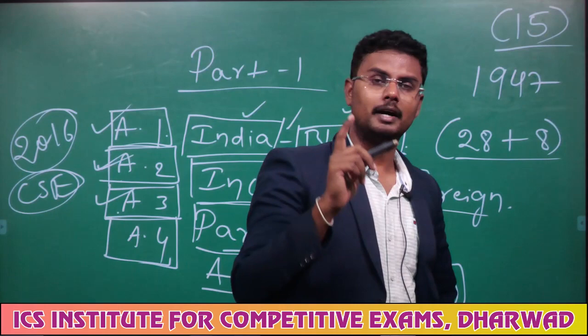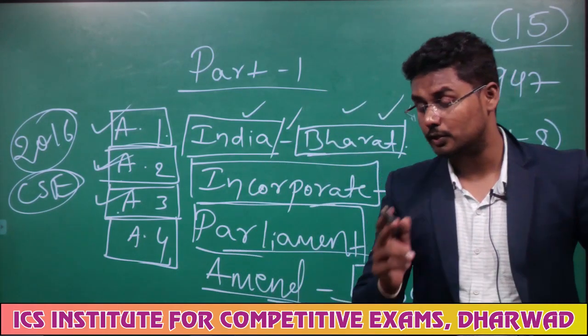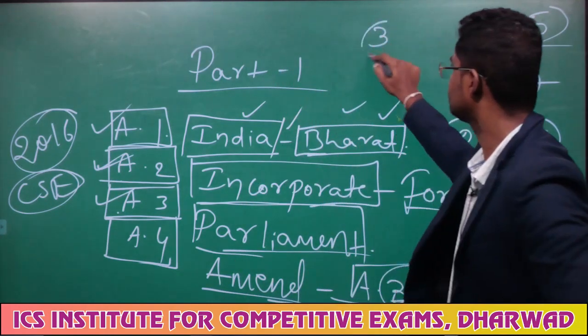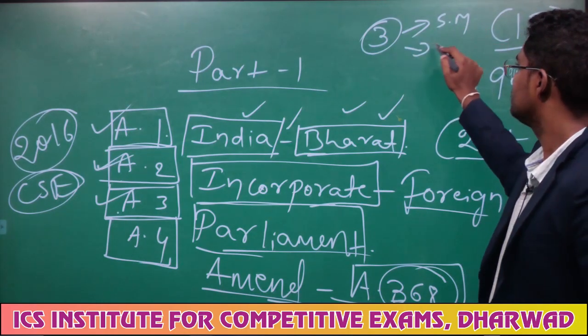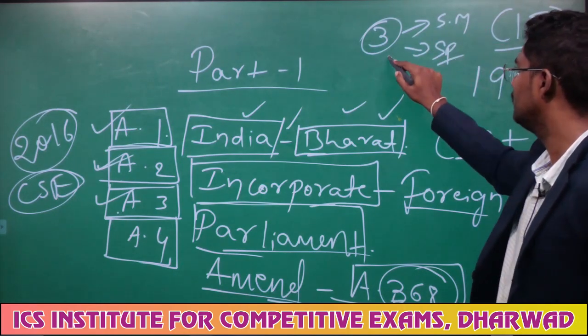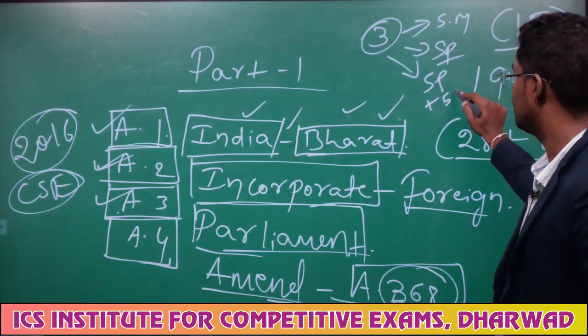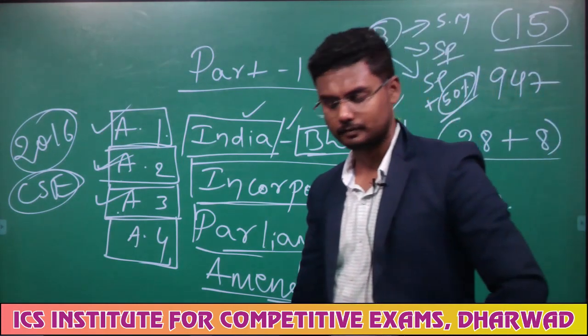Because as per Article 368 of the Indian Constitution, the Constitution of India can be amended in 3 ways. First is simple majority, second is special majority, third is special majority with ratification by more than 50% of states in India.